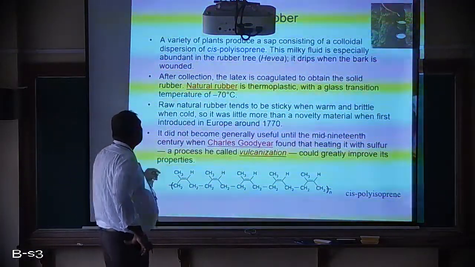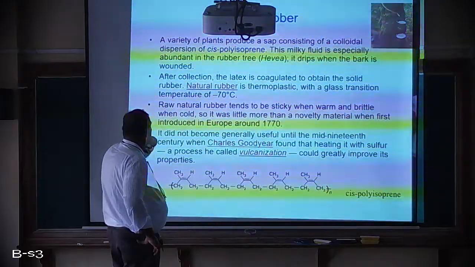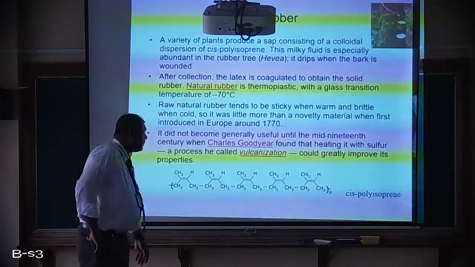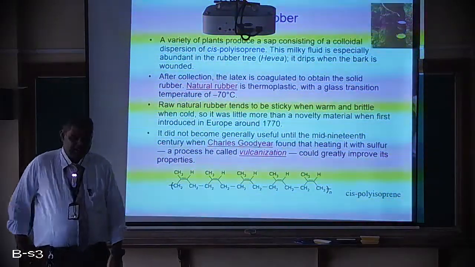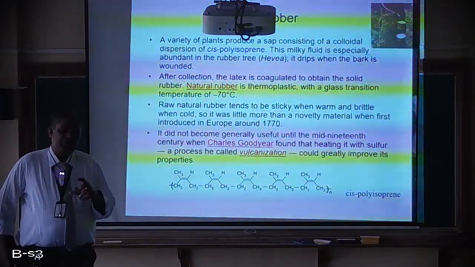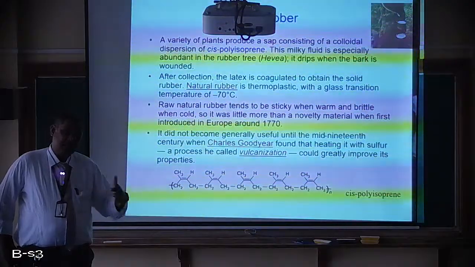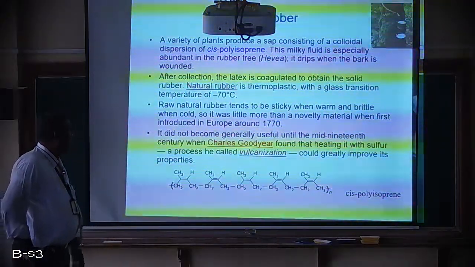This is natural rubber, where the glass transition temperature is -70 degrees, and it did not become useful until the mid-19th century, because many people were not aware of what applications to use this rubber material for. Hence it was lagging behind.